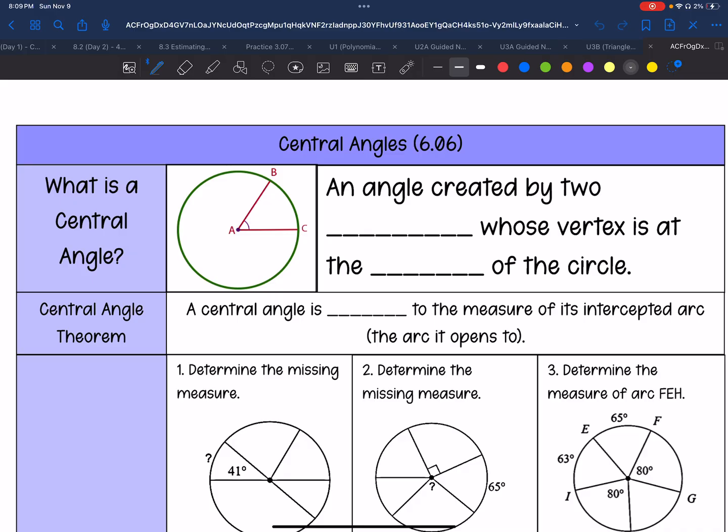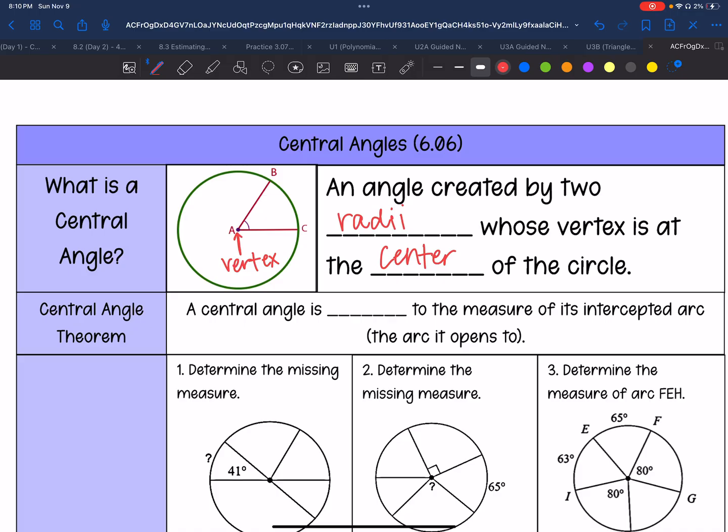Now, central angles get their names because they are angles created by two radii, which is the plural of radius, whose vertex is at the center of the circle. So the reason they're called a central angle is because now the vertex of our angle is the center of our circle.